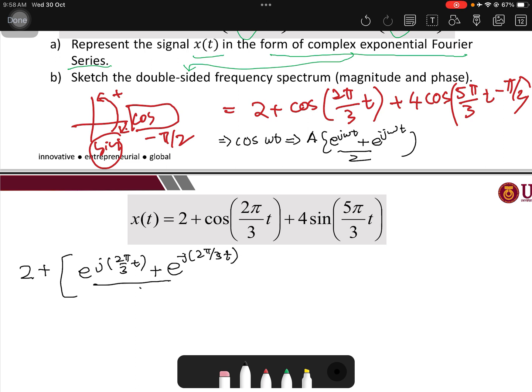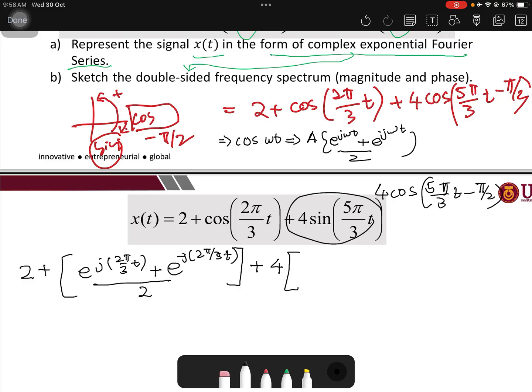Negative over 2, and then plus the 4. We need to convert 4 cos(5π/3 t − π/2).